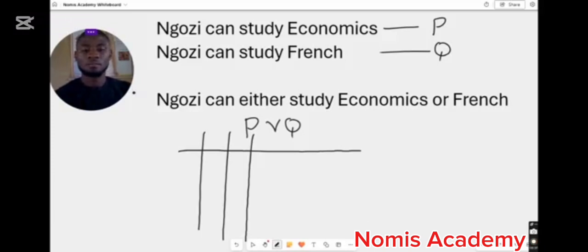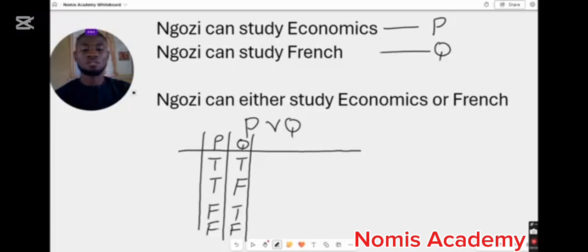Now let's take this part to be statement P and this part statement Q. Let's say P is true and Q is true, then P is true but Q is false, then P is false and Q is true, and then P is false and Q is also false.